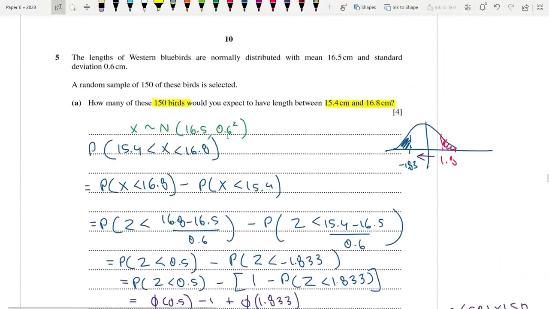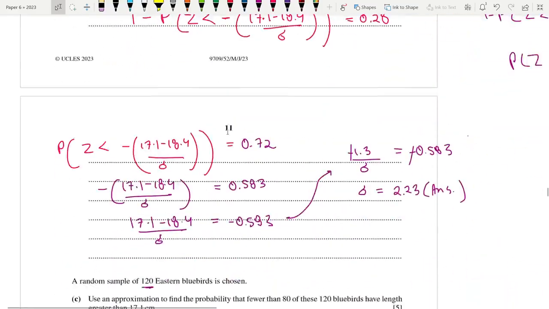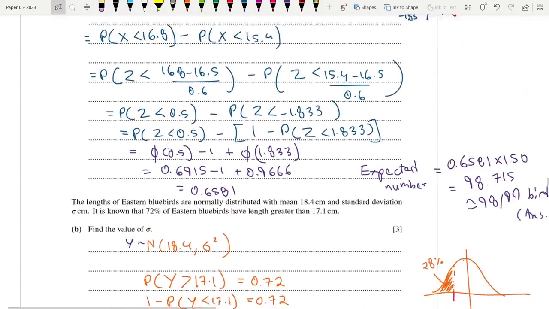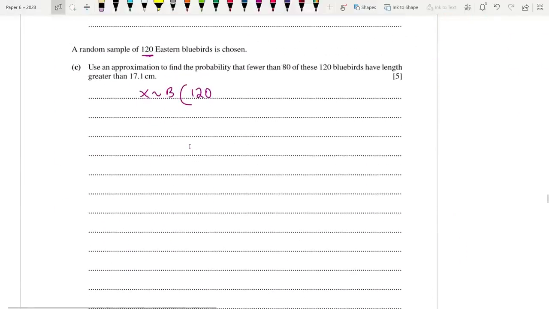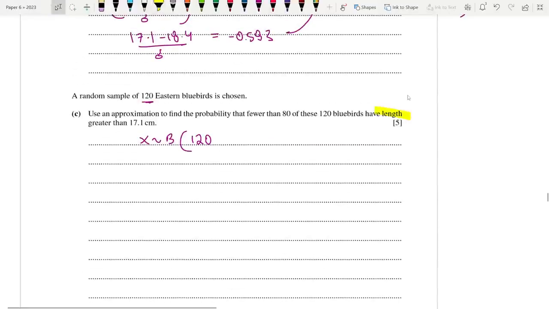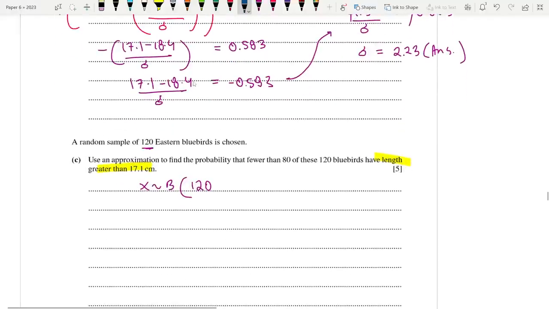Okay, so length greater than 17.1. Are we talking about eastern or western? Eastern bluebirds, this one. So it is known that 72% of eastern bluebirds have length greater than 17.1. So fewer than 80 have length greater than 17.1. So what is the probability of success? It is also 72%, which is 0.72, p.